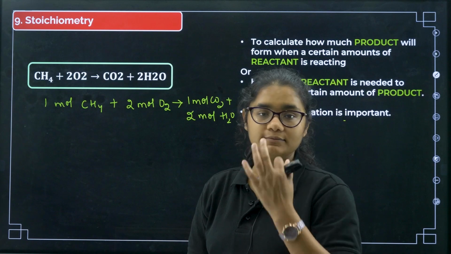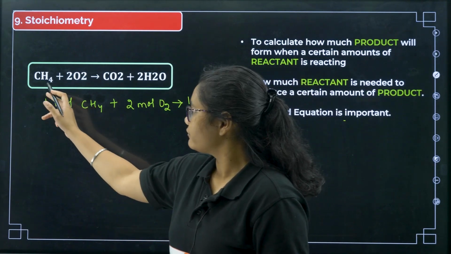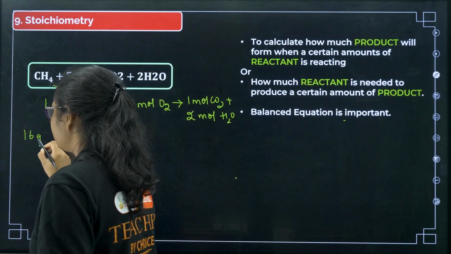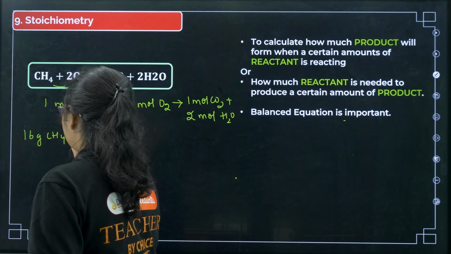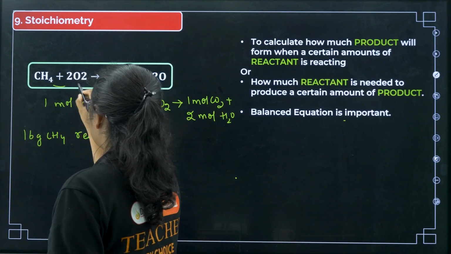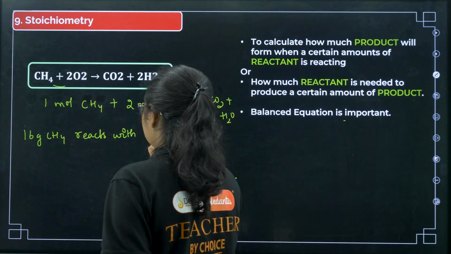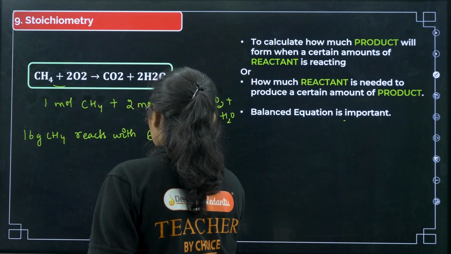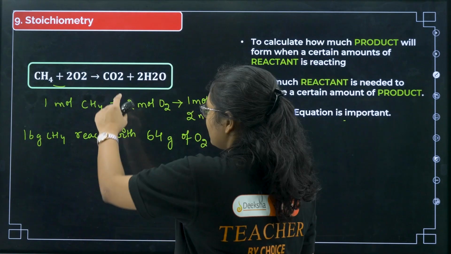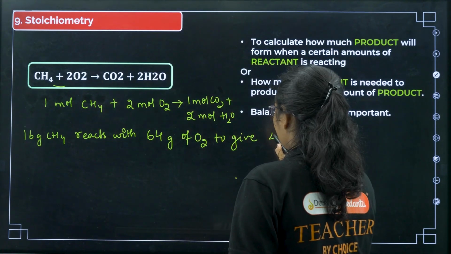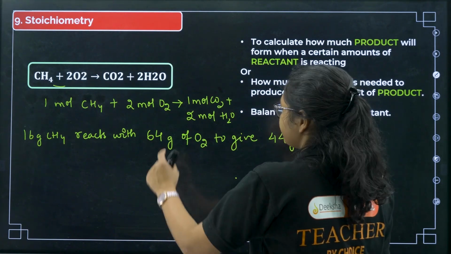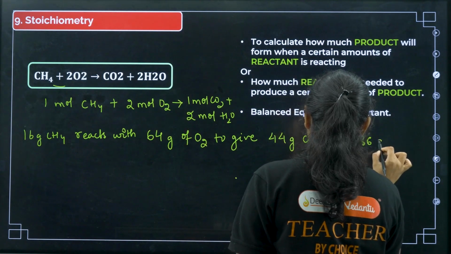Or if I want to talk in terms of masses, we know 1 mole of CH4 is 12 plus 4, 16. So I can say 16 gram of CH4 reacts with, here for oxygen, we have 32 times 2, 64 gram of oxygen, to give 1 mole of carbon dioxide, or I can say 44 gram of CO2, and we have 36 gram of water.